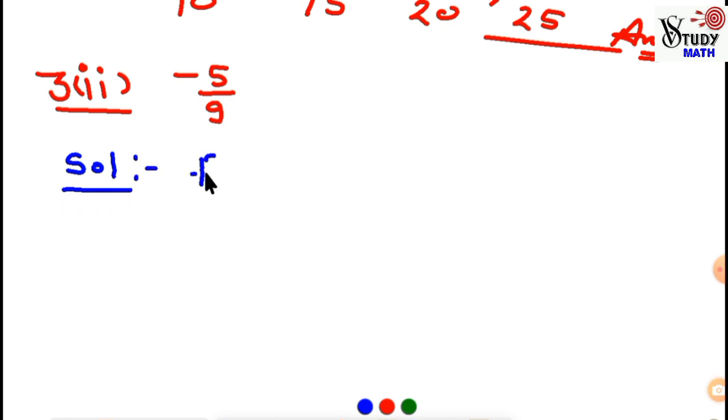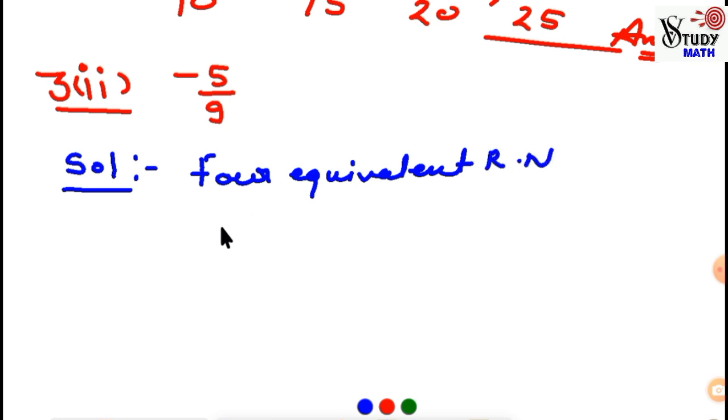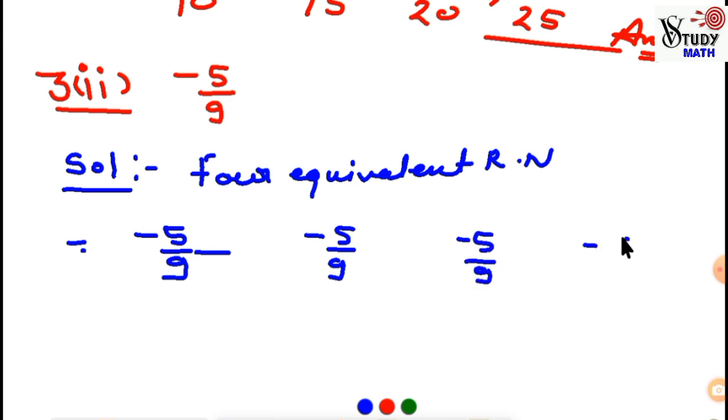First we are going to write four equivalent rational numbers. First we write negative 5 by 9 four times: negative 5 by 9, negative 5 by 9, negative 5 by 9.